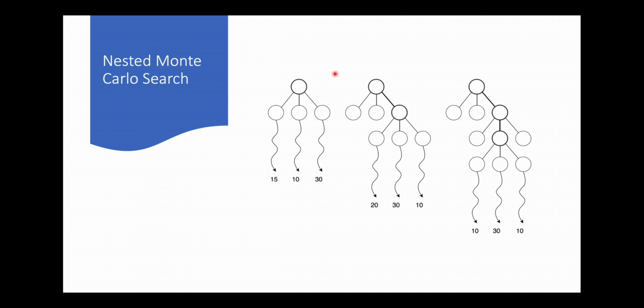it's like you have a tree-like structure and you have several paths from level 0. So from level 0, you try all the possible paths to reach level 1. And after level 1, you just make a random path until you reach the leaf node. So like here, you are just making a random path. And next time, you can see here the highest value is 30.